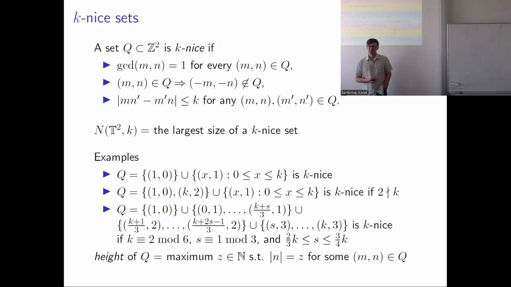It is also a good moment to introduce one crucial notion of this talk, which is the height of a set. It is just the maximum level, up to absolute value, that is involved in our construction. In particular, here we considered k-nice sets of height 1, 2, and 3 respectively.